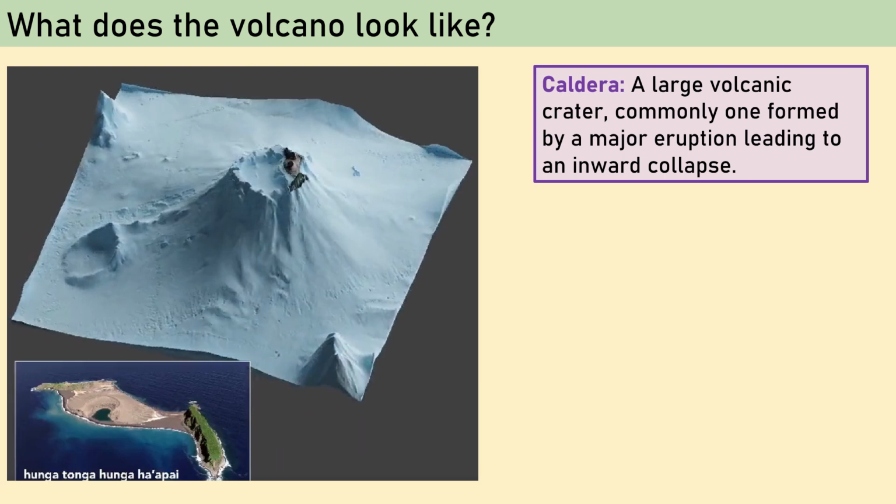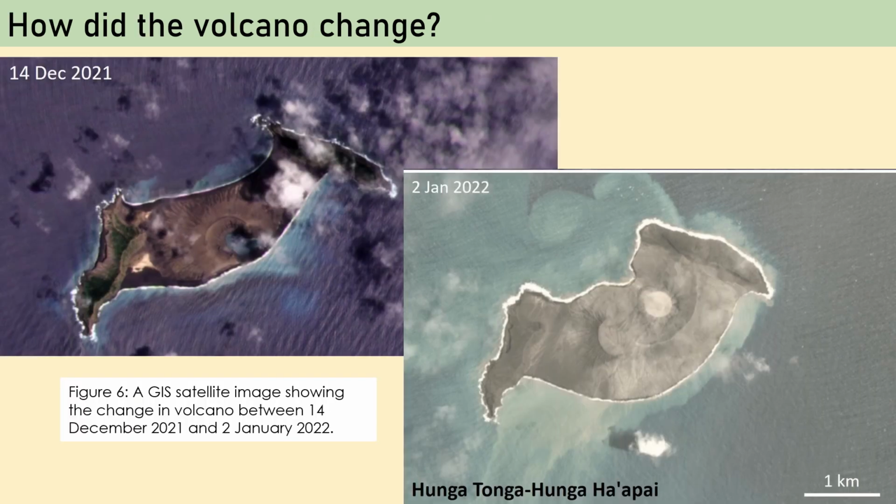So the parts that we can see above the ocean water are only a small part of the much, much larger volcano, and you can see a bit more about the bathymetry here. This extends right down to the ocean floor. And these two islands, Hunga-Tonga and Hunga-Ha'apai, are the only two islands that were exposed.